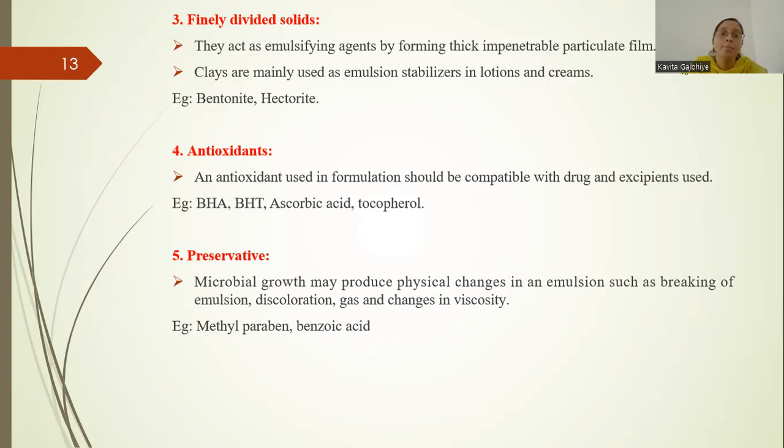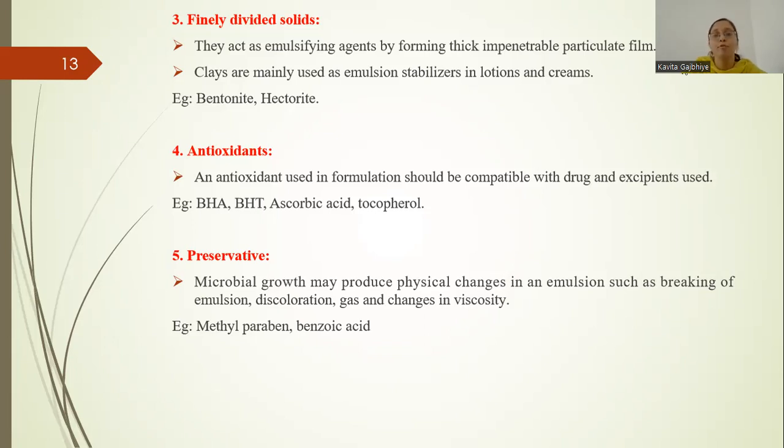Now, another excipient or formulation ingredient added in emulsion is antioxidant. A very important ingredient, because we know that emulsions are biphasic liquid dosage forms in which one phase is oil and another phase is water. Whenever there is oil, there are chances of oxidation. Oil undergoes oxidation at a faster rate, so we have to add antioxidants in emulsion.